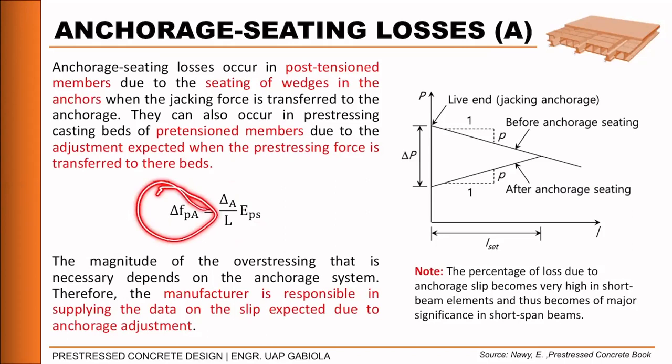Okay? So the magnitude of the overstressing that is necessary depends on the anchorage system. So dapat ang nagbibigay ng value ng data dun sa kayang i-carry na deformation ng tendon is dapat si manufacturer yung magbibigay ng data na yan.